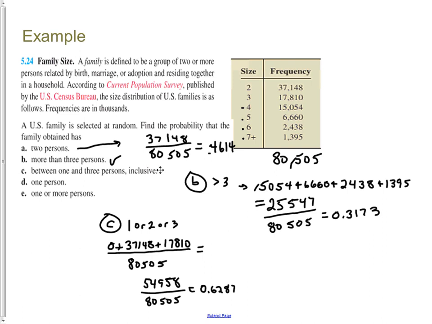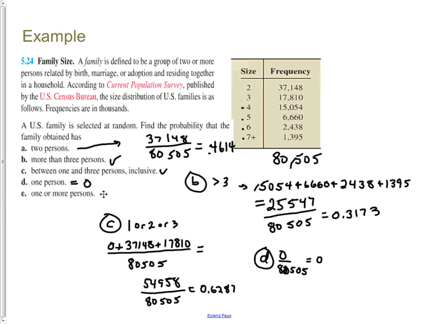How about D? That's sort of a weird one. It asks, how many families in this survey have one person? Well, the answer, of course, is that there are 0. So for our probability, there are 0 ways out of 80,505 families in our survey, so we would say that that probability is 0. Can we have a probability of 0? Sure, why not?